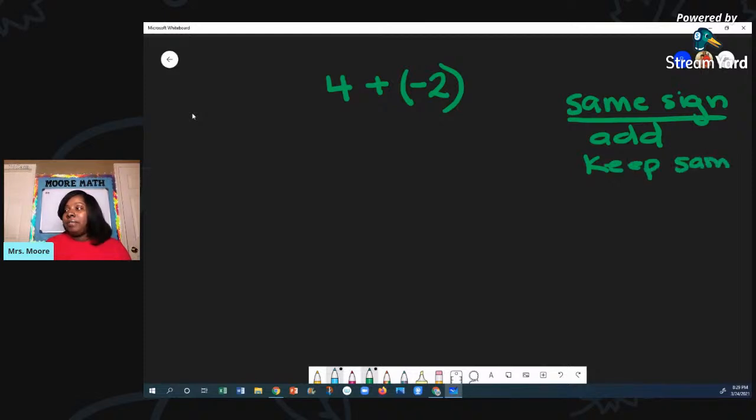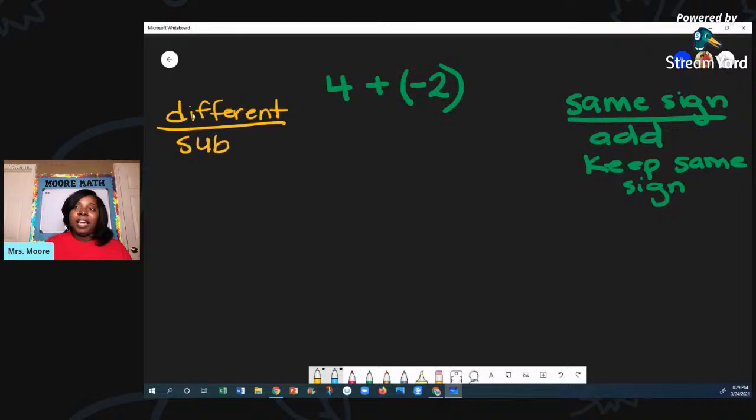And when we have different signs, we subtract. So do we have the same sign here or do we have different signs? We have different signs, so we're going to subtract.